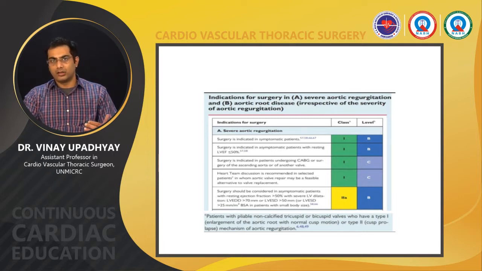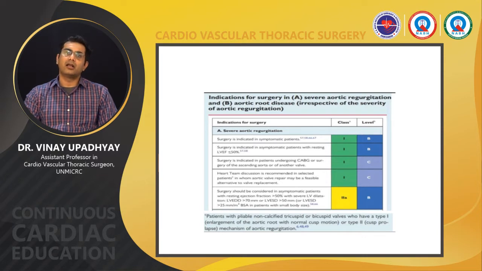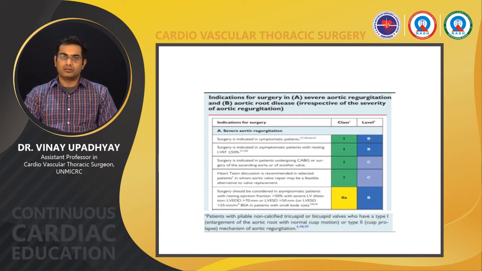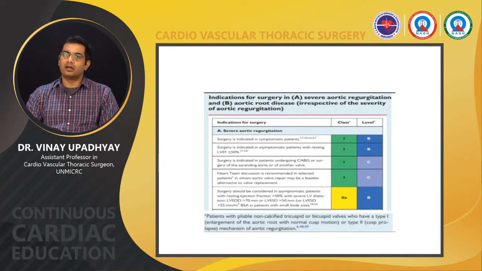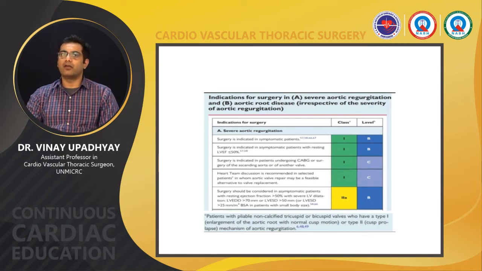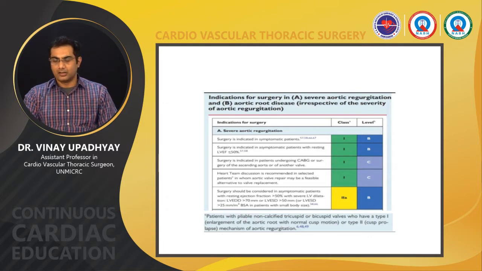We plan for surgical intervention with a resting ejection fraction less than 50% and severe LV dilatation, like end-diastolic diameter more than 70 mm or end-systolic diameter more than 50 mm, or end-systolic diameter greater than 25 mm per meter square BSA. These are the indications for surgical intervention in case of severe aortic regurgitation.